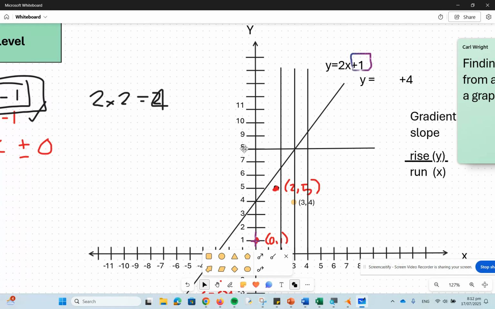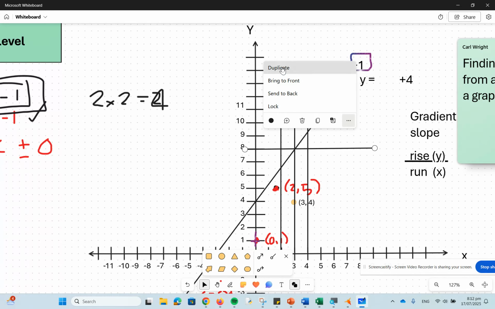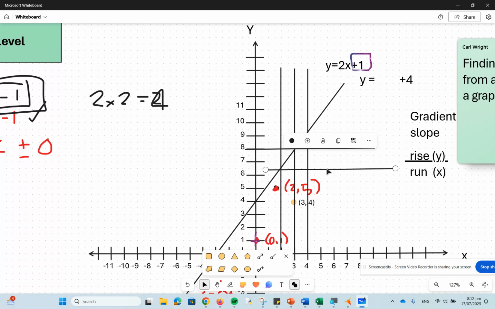Neat. There it is. Perfect. I'll copy that because we might be able to find another one. Let's do one there.